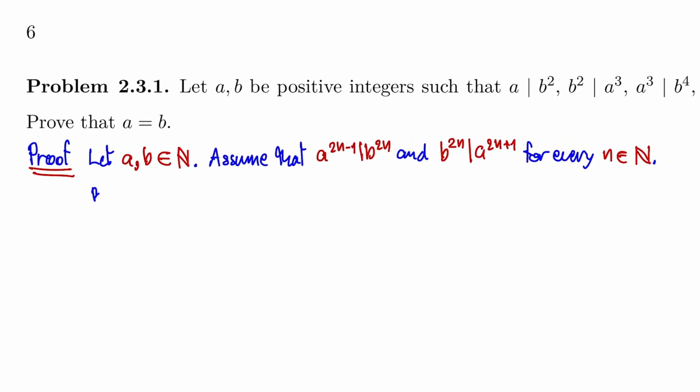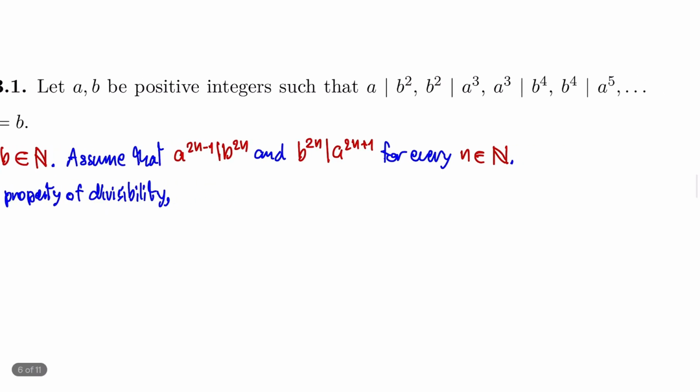So by the property of divisibility, what do we have here? From this one, a to the 2n minus 1 is the divisor and b to the 2n is the multiple.